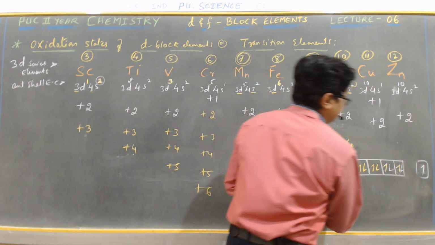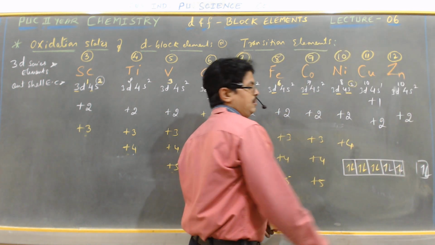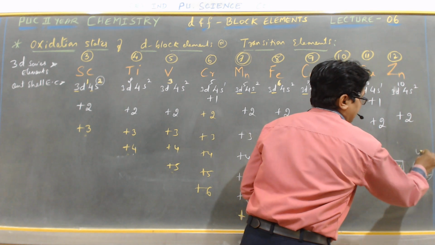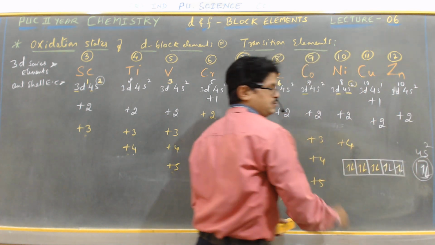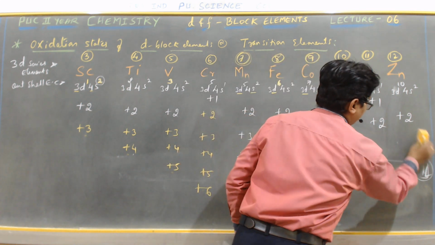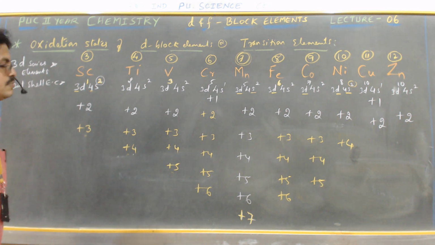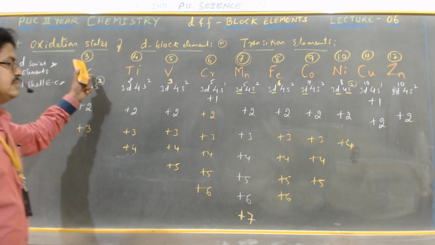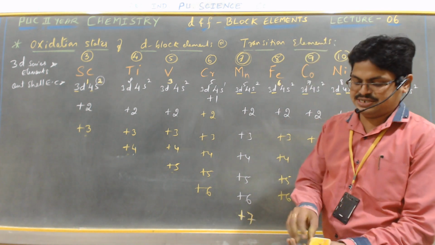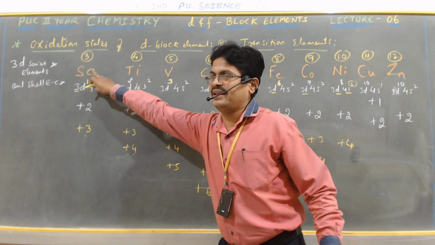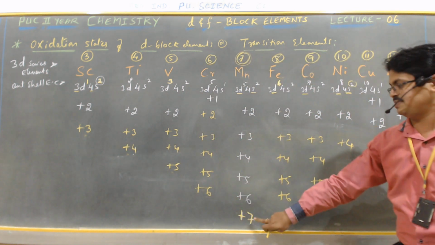Similarly, zinc contains 4s2 3d10. The electrons present in the s orbital are not involved in bonding, that is why it forms only plus 2. Now look here. With respect to the higher oxidation state, from scandium onwards it increases: plus 3, plus 4, plus 5, plus 6, plus 7.